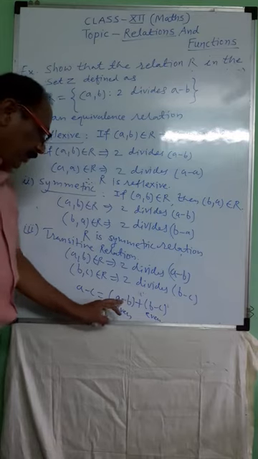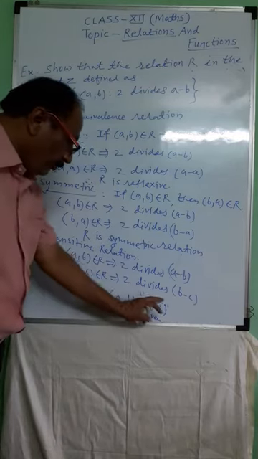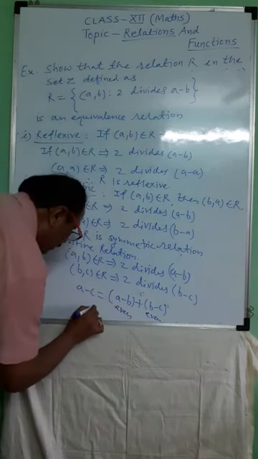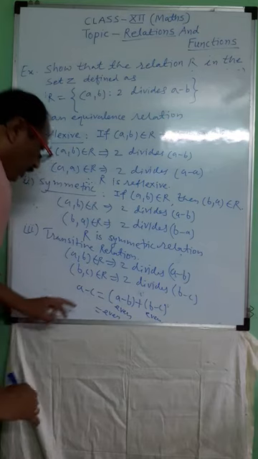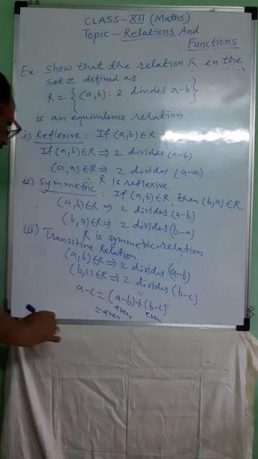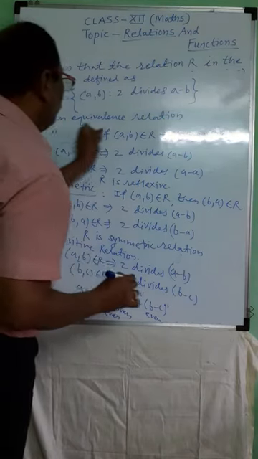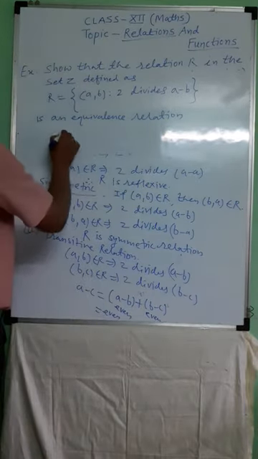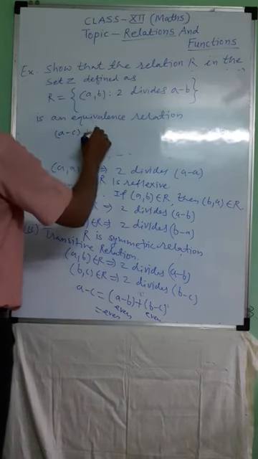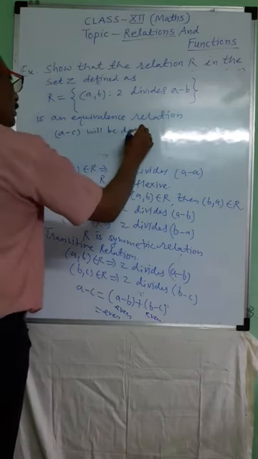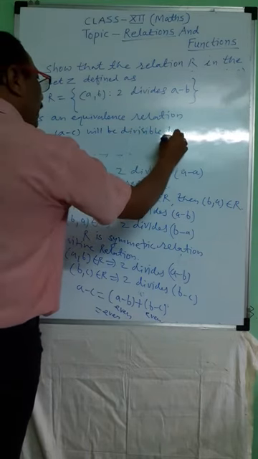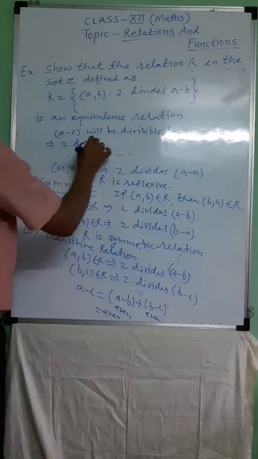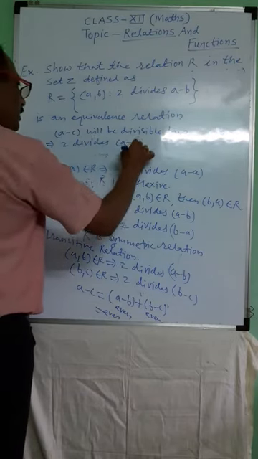Therefore, the addition of both these expressions will be an even number, and therefore a minus c will be divisible by 2, meaning 2 divides a minus c.